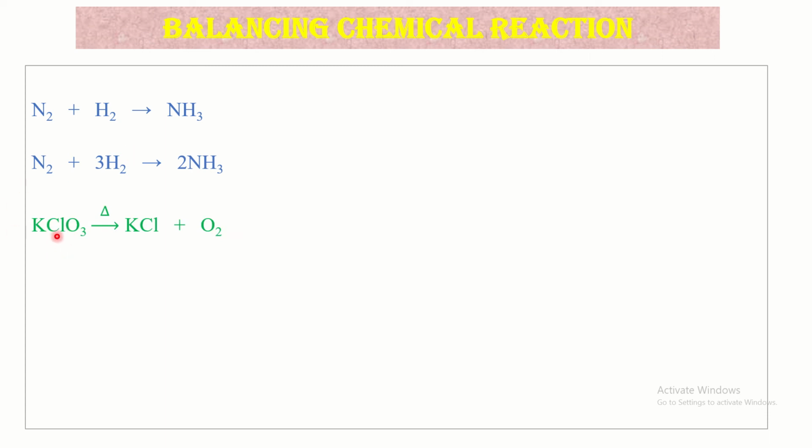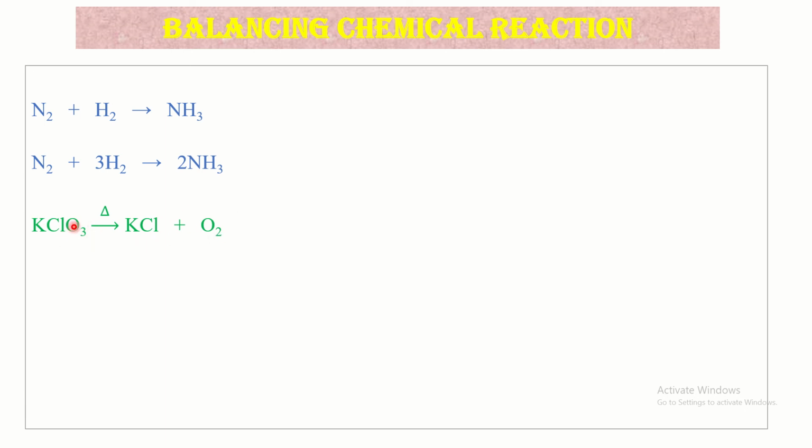Look, in this reaction potassium chlorate is decomposed and produces potassium chloride plus oxygen. Here potassium and chlorine both are balanced, but oxygen, there are 2 atoms oxygen, but in the reactant side there are 3 atoms oxygen. So to balance this oxygen, 2 and 3, if we make both of them 6, then the reaction can be balanced.